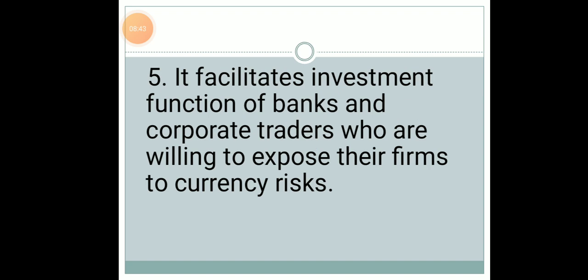The last function of the foreign exchange market is that it facilitates the investment function of banks and corporate traders who are willing to expose their firms to currency risks. It is nothing but repatriating and expatriating of various funds.